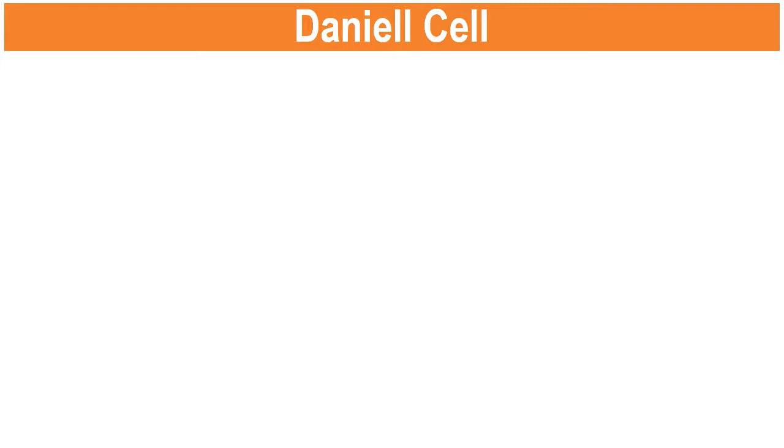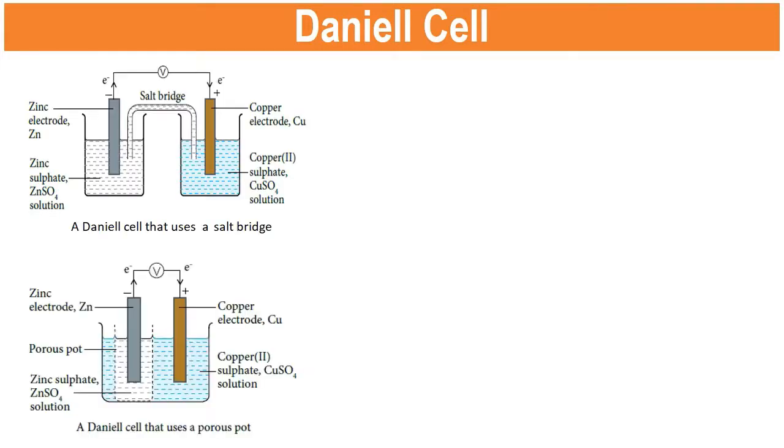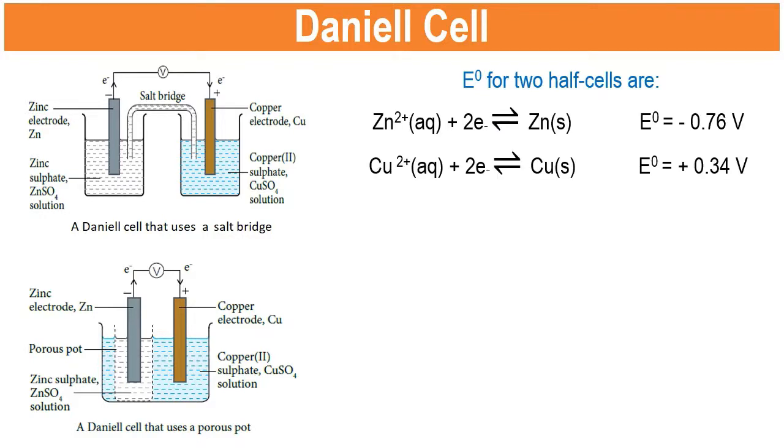Now, let us look at the E0 value of each electrode. The E0 value for zinc is negative 0.76, which is more negative.